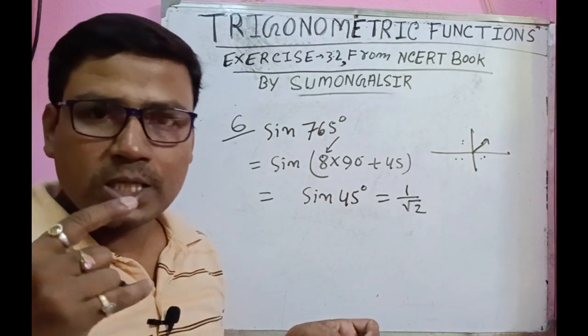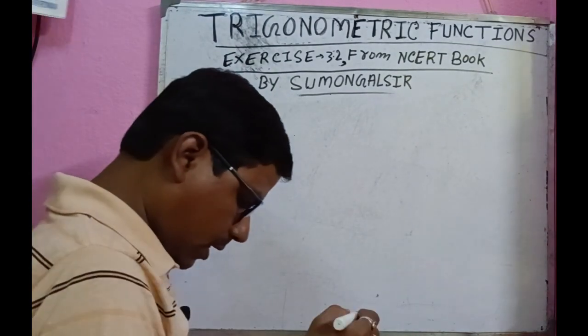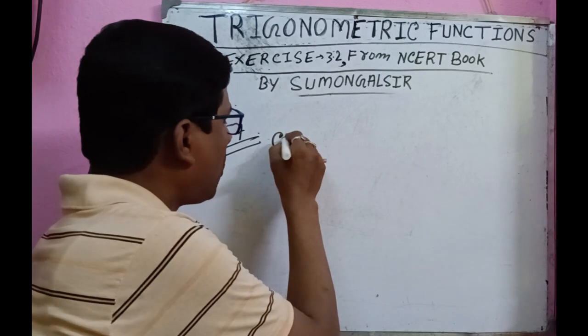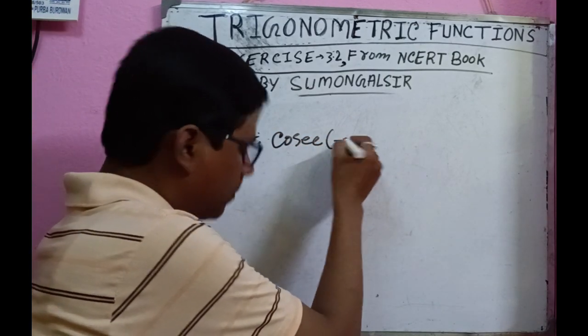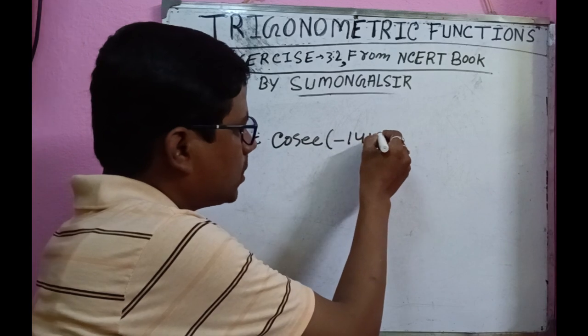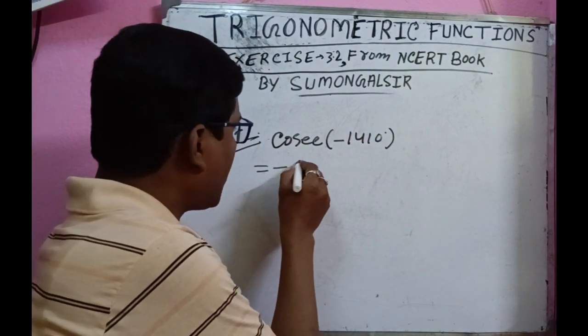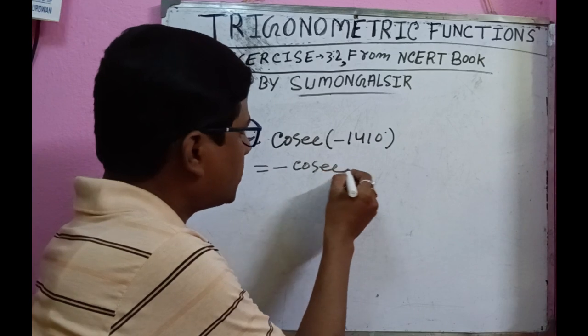Now we move to the 7th. Question number 7 is cosine of minus 1410 degree. So this will be cosine of 1410.